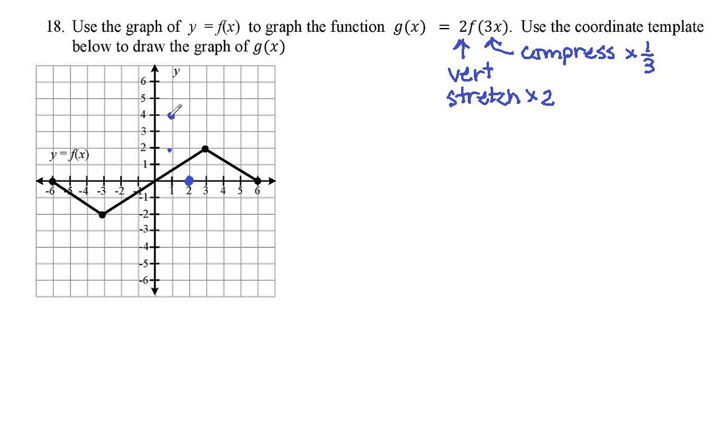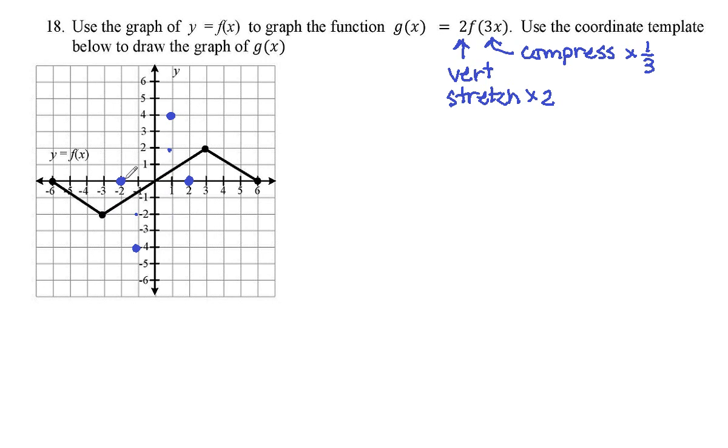So it's going to go up to 4 instead of up to 2. And then this point here, instead of going to -6, it's going to go to -2, 1/3 of the way. Okay, that's your horizontal compression. And then this one, instead of going over to -3, we're only going to go over to -1 there. But then we've got a vertical stretch times 2. So instead of going down to -2, 2 times -2 is going to go down to -4 there.